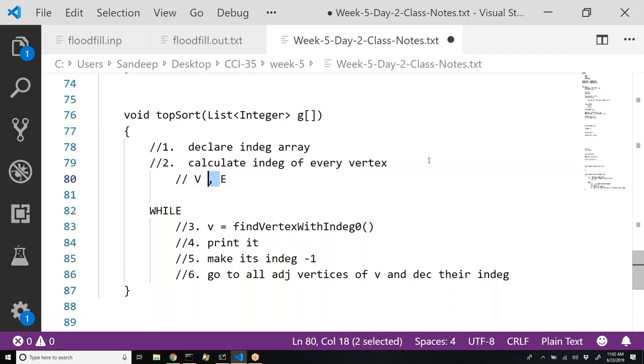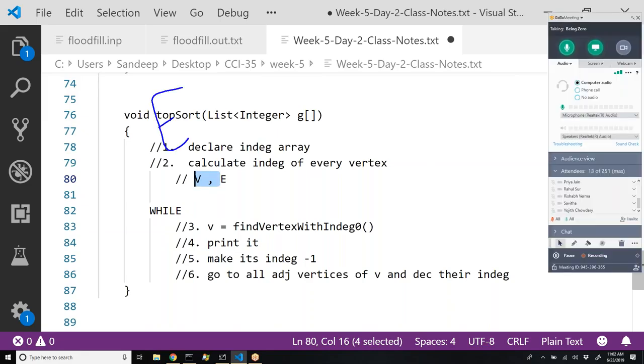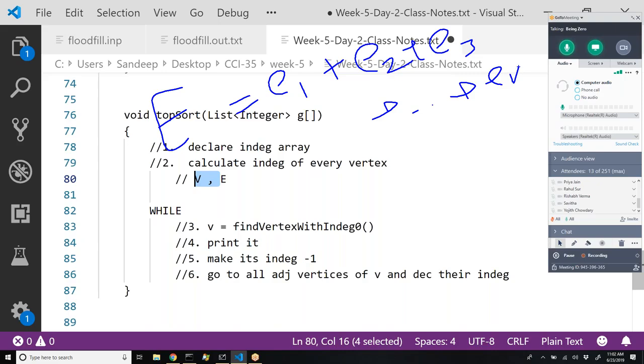Now for the time being, for calculating in degree, there was an outer loop. For every vertex, we were covering the edges of that vertex. If overall edges in the graph are E, can we say there will be the sum of first vertex edges, second vertex edges, third vertex edges, and last vertex edges? Another way of looking at it is, for every vertex I'm covering its edges.